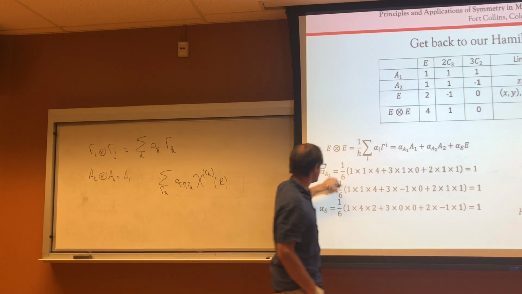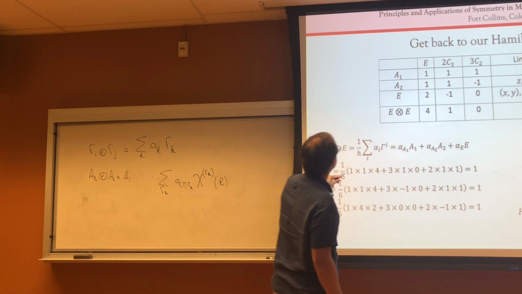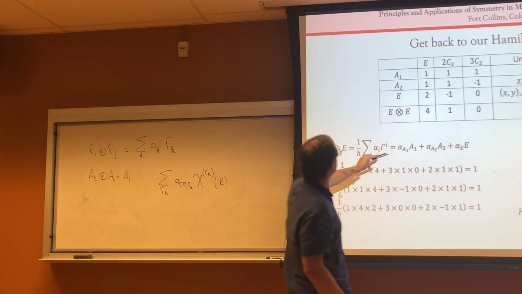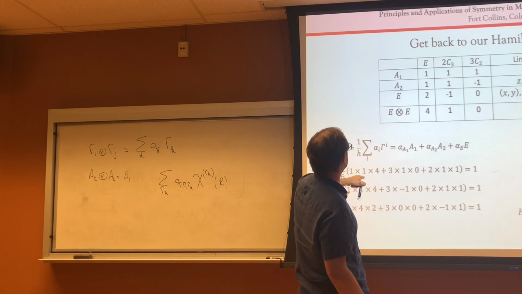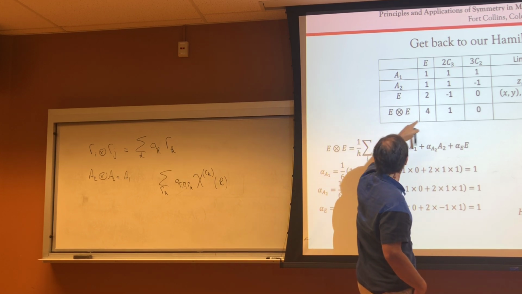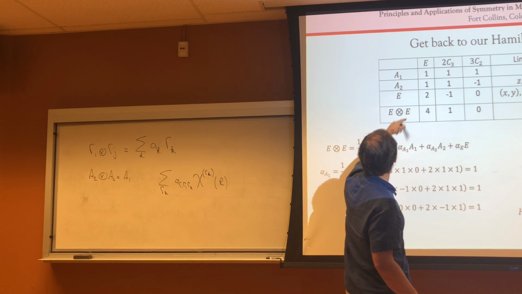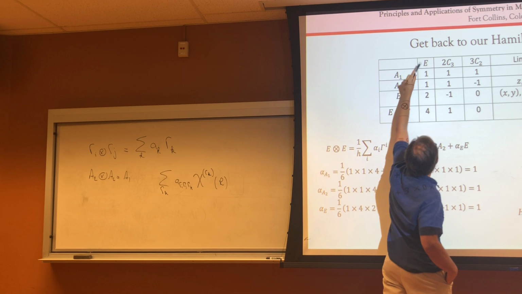So this is 1 over 6. Then I'm going to have this guy times A1 times the dimensionality.